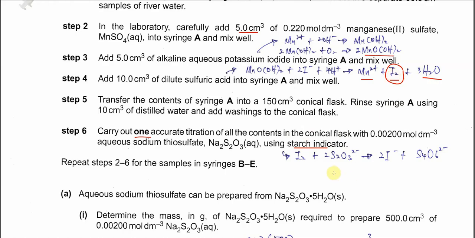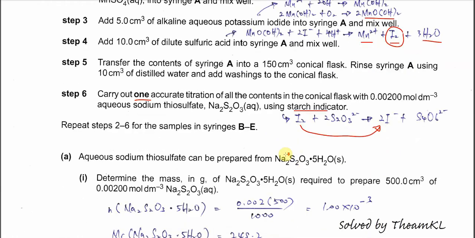So during the titration, the thiosulfate will react with the iodine and the iodine will be reduced to iodide. So at the end point, the blue-black will disappear because the iodine eventually will finish. Okay, so these are the steps involved.